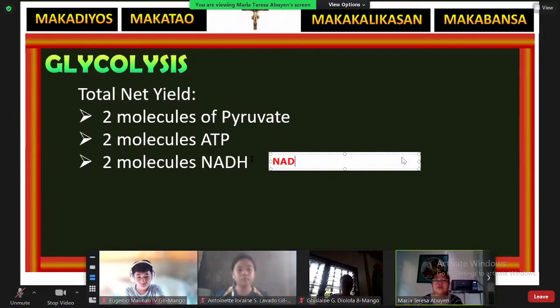Okay, so inside the cell, hydrogen will accept electrons, and as it accepts electrons, it will become energized. So this energized hydrogen will join with NAD to become NADH.